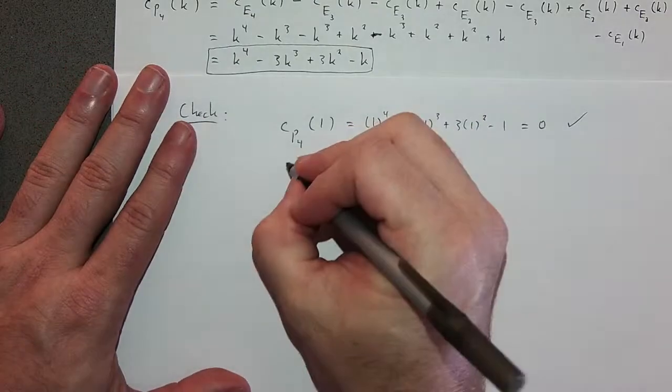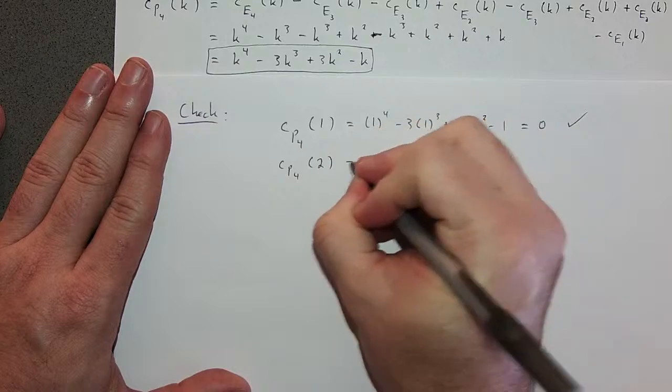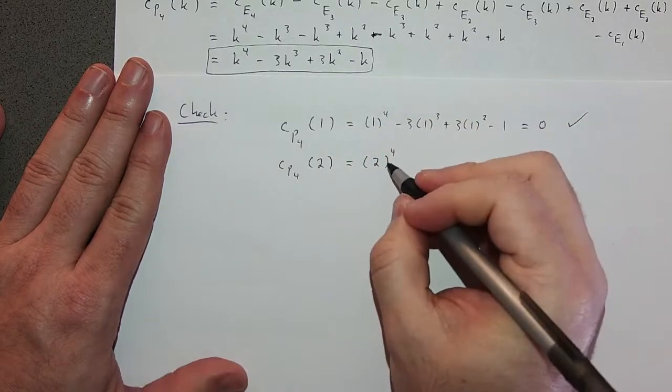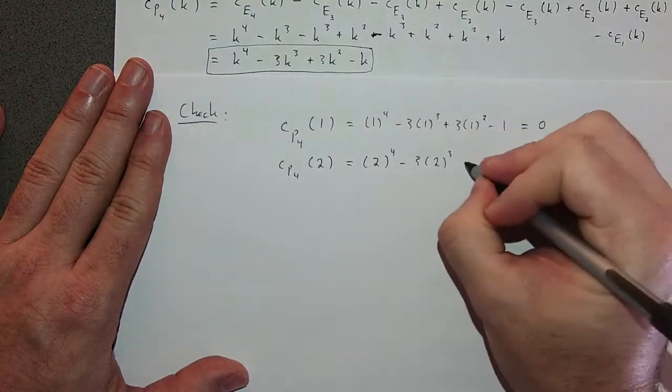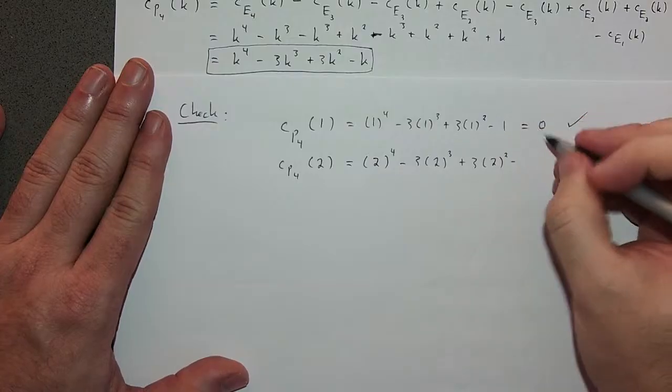What about using two colors? This is 2 to the 4th minus 3 times 2 cubed plus 3 times 2 squared minus 2.